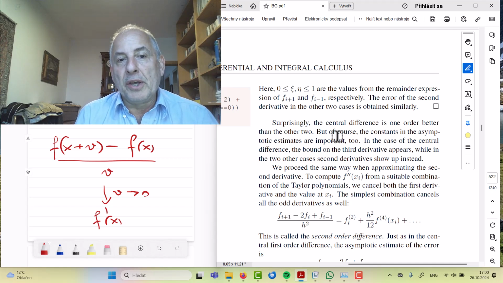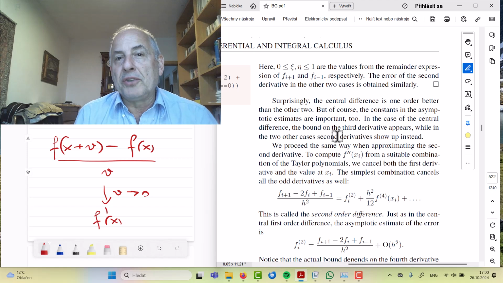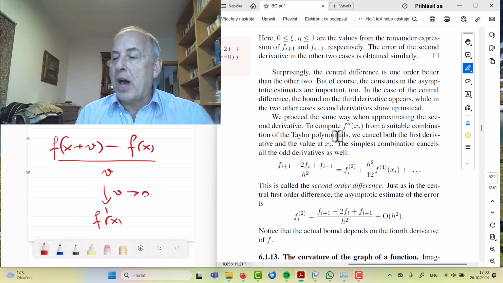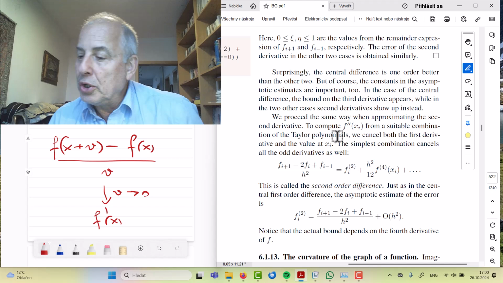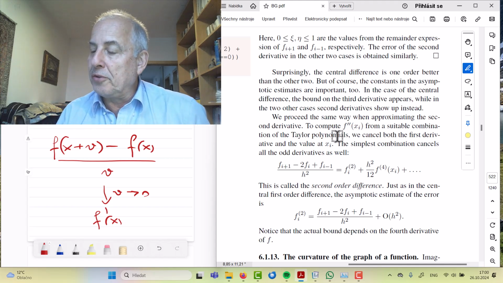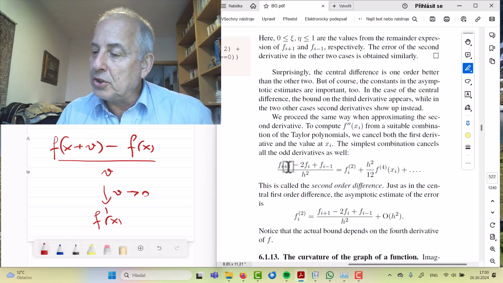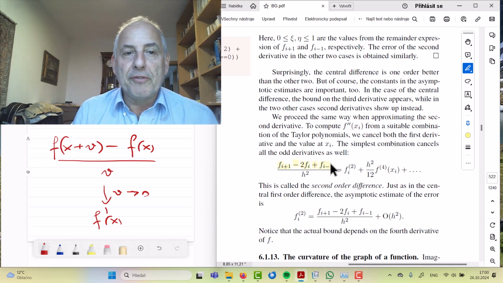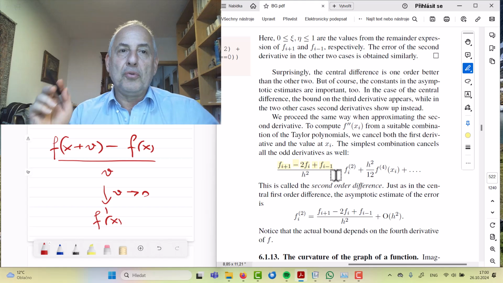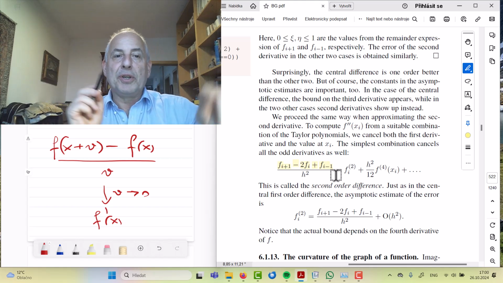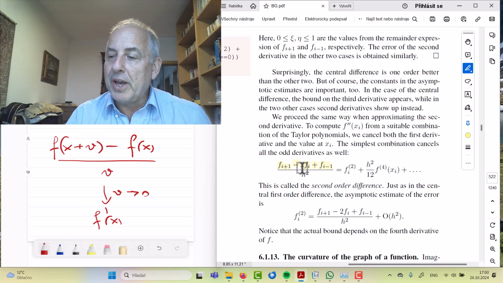Well, we can do the same for second order derivatives and so on for higher order derivatives, right? So for example, for the second order derivative, a very good idea is to take the second order difference. So you add the two neighbors, the values, and you subtract 2 times the center, right?